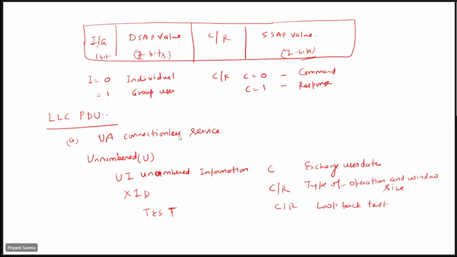It is sent for an individual or a group. DSAP value, when you are sending to a group of users, it will be a group, otherwise an individual station. DSAP value, C/R, SSAP value. C stands for command, and when C is 1, it is a response.